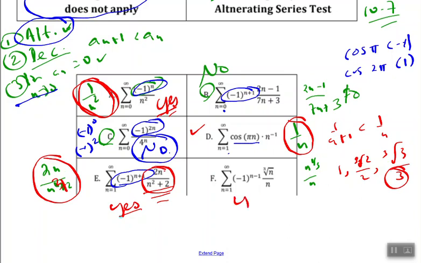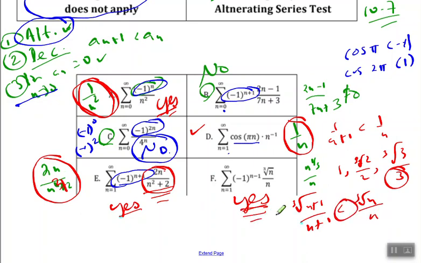So that is yes. And you would just have to state that the cube root of n plus 1 over n plus 1 is less than the cube root of n over n. And again, it's really just knowing what the things are. And that's kind of it with that one.